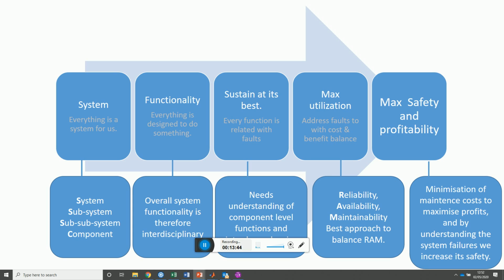All these functions of subsystems come together to support the overall functionality of the system. We want to sustain that functionality at its best by minimizing and dealing with the faults that may arise from different systems, subsystems and components of that system.